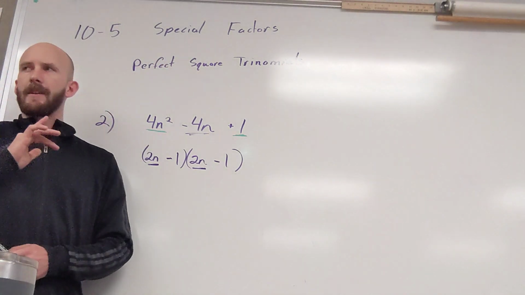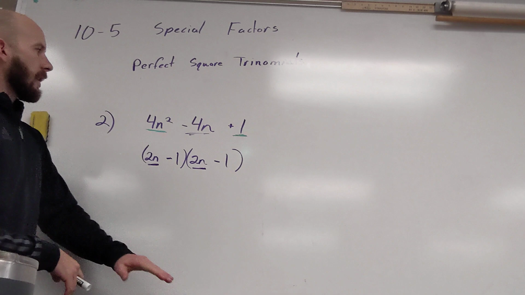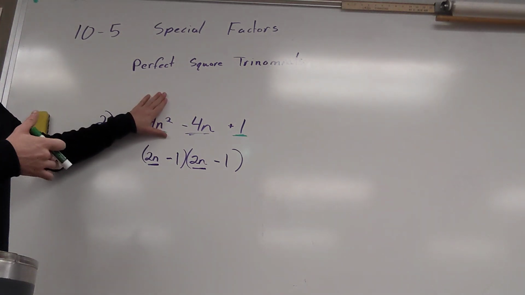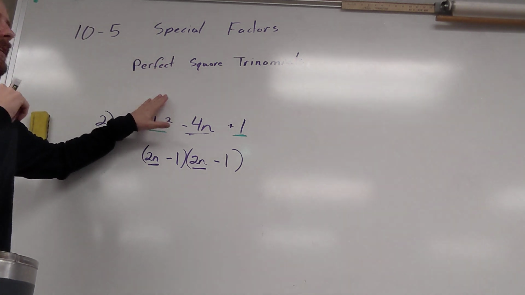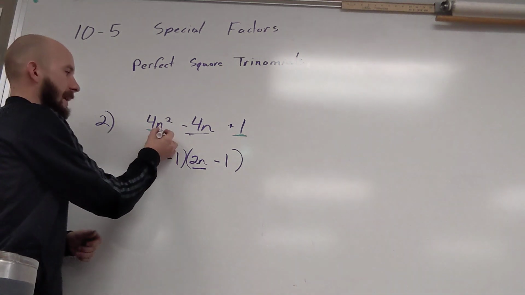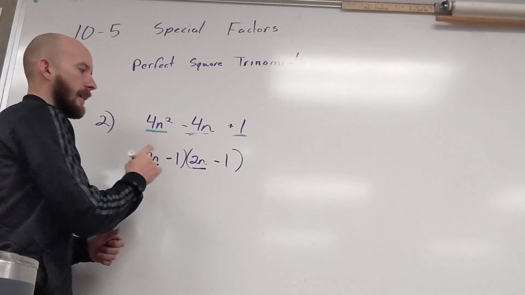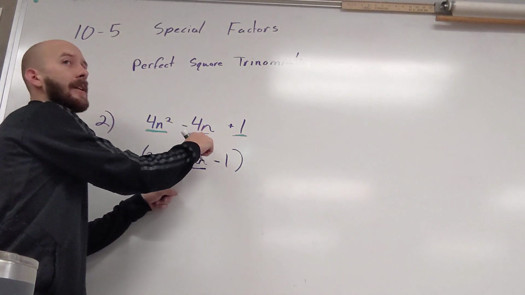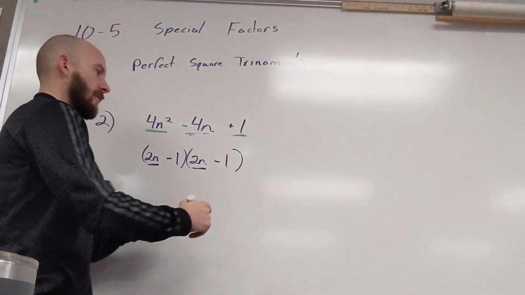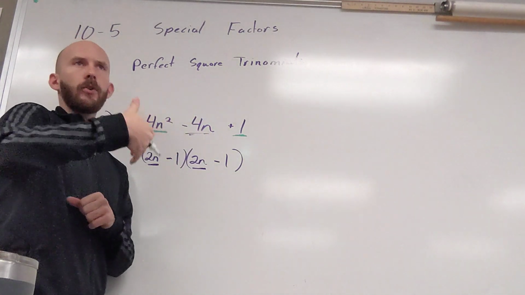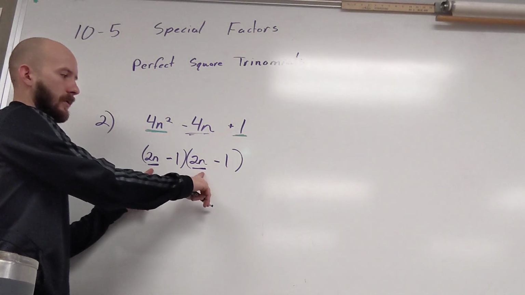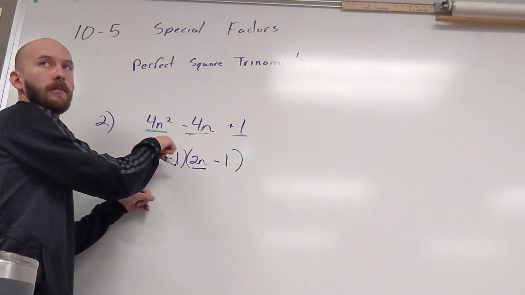Now, I want to go over something here because this is going to be a little bit different. Most of the trinomials that we've done have just been like n squared, right? And we had to multiply to this number, add to be this number. If there is a number in front, these are not going to add to be that middle term. That's not going to work. Because if you think about foiling, you remember the first, outer, inner, last? The first is our 4n squared.